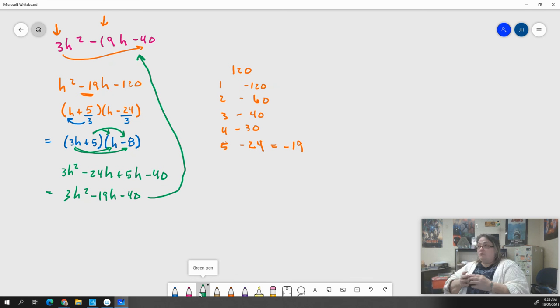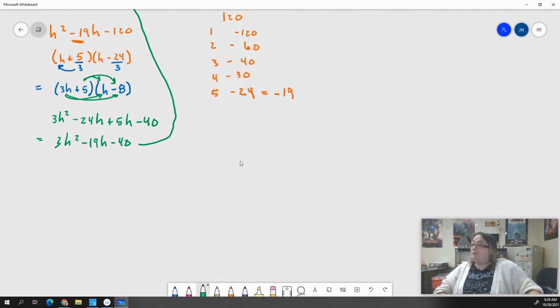And factors, when you multiply them back together, should always take you back to your original problem, right? I mean, if you think about factors in general, that's kind of what they do. Like if I had 6 and I took all the factors of 6, right? I'd have 1 times 6 makes 6, 2 times 3 makes 6. Those are all my factors of 6.